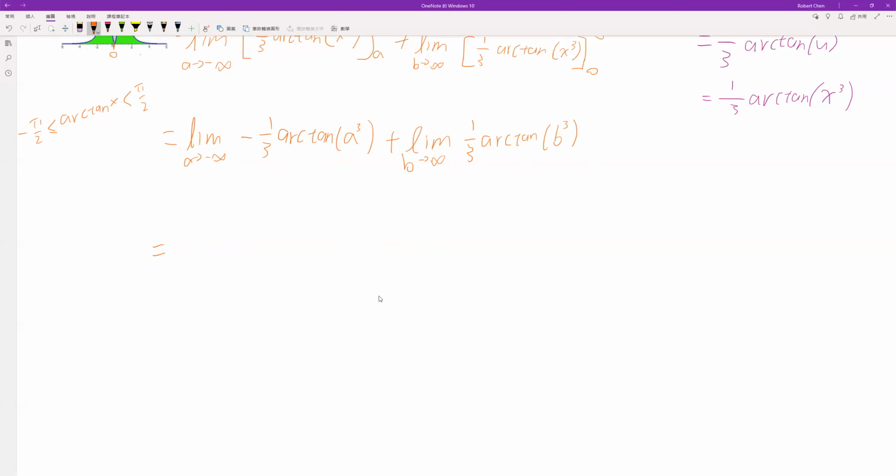So this will be negative 1/3 times negative pi over 2, plus 1/3. And now it's positive infinity, so arctangent is approaching pi over 2. So pi over 2. And let's clean this up a little bit. What is that? That's pi over 6 plus pi over 6.